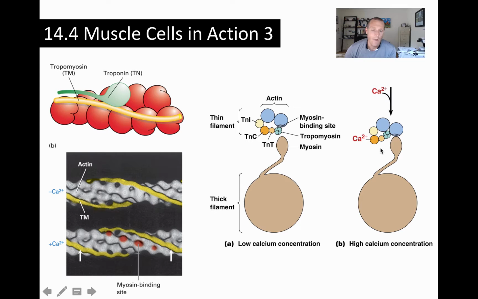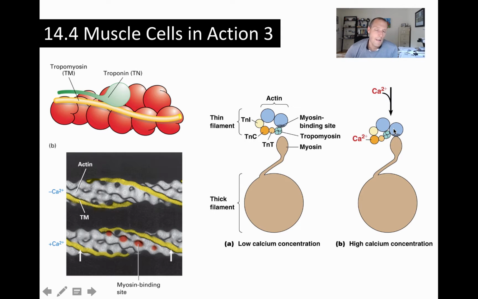Now, if we dump calcium onto this system, the TNC binds the calcium and undergoes a conformational change, which pulls the tropomyosin away from the myosin binding site on the actin, and now the cross bridge between the globular head of myosin and the actin can form.